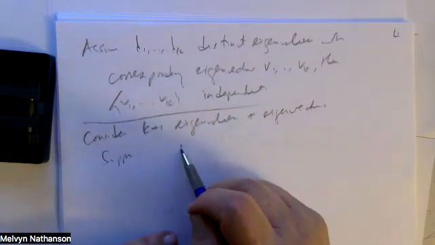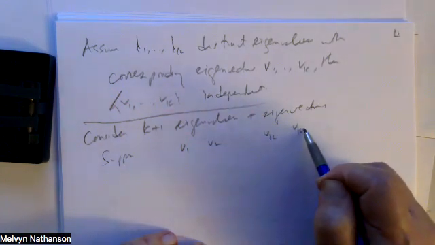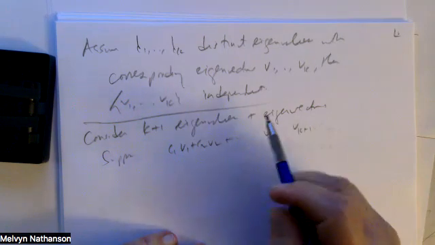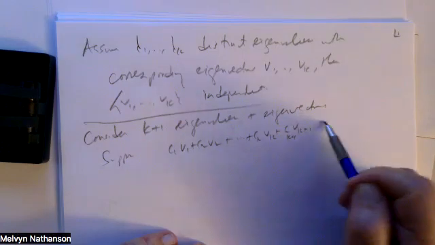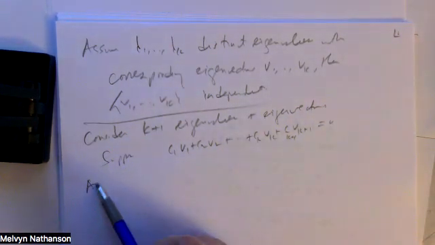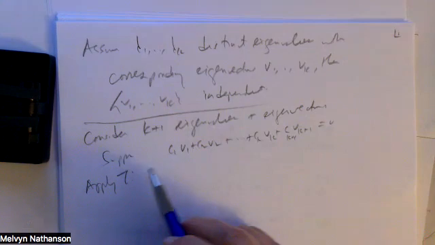So suppose you have these eigenvectors V1, V2, up to Vk, Vk plus 1, and some linear combination of them is 0. If you apply the linear operator T to this vector, T of this will be 0.